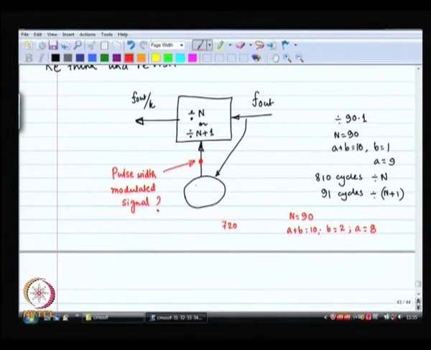You would divide by n, and 182 cycles you would divide by n plus 1. So, that is how you would get a division by 90.2.